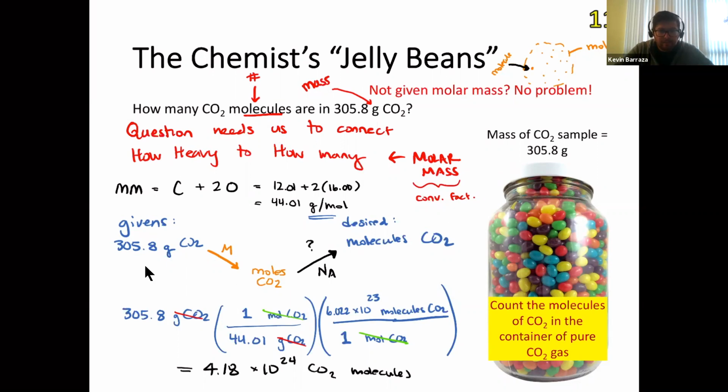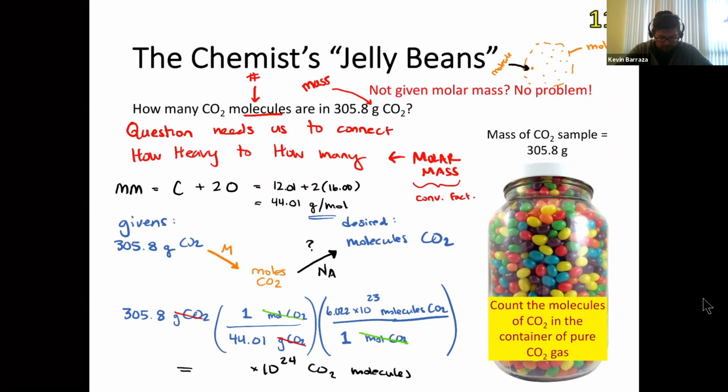Did I make a mistake somewhere? 3.04. What did I say? 3.04. Oh, I did put 4 sig figs. Oh yeah, thank you for that. Yeah, it's supposed to be 4 sig figs. I actually don't know what that comes out to.